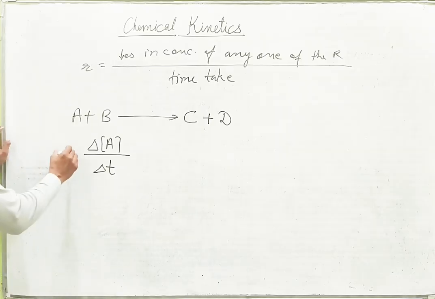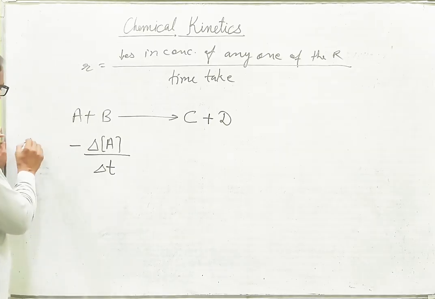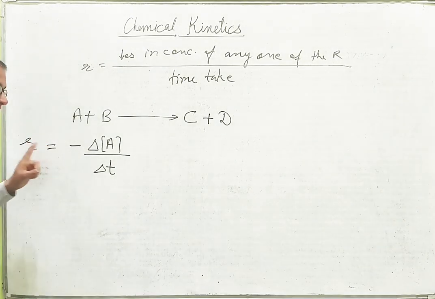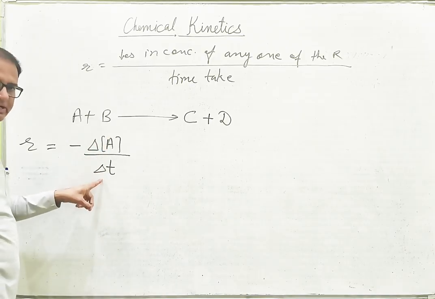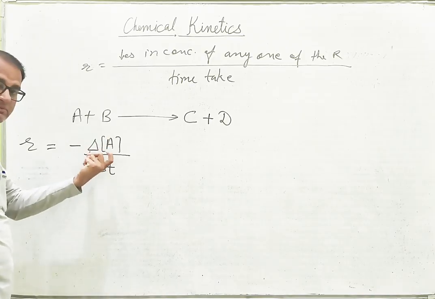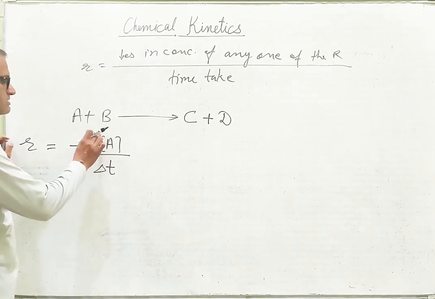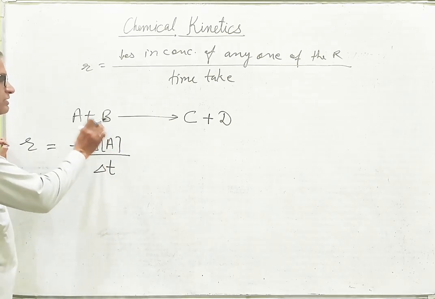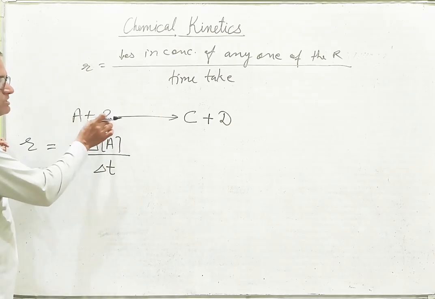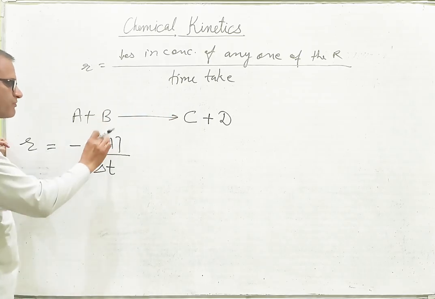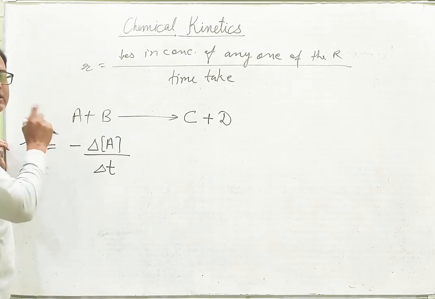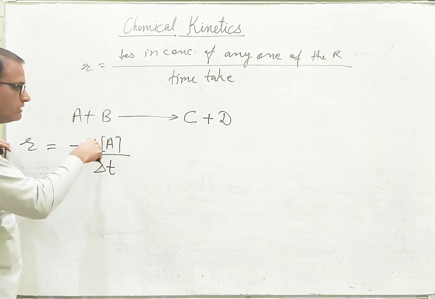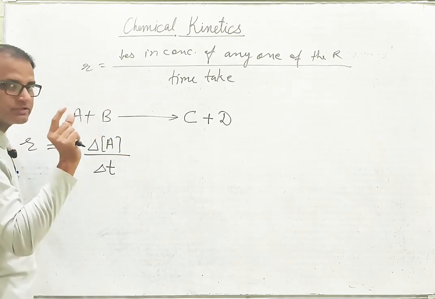So rate R is equal to minus delta A upon delta T. Delta A means the change in concentration. If we put A or B or C or D in square brackets, it means the concentration of that reactant or product.